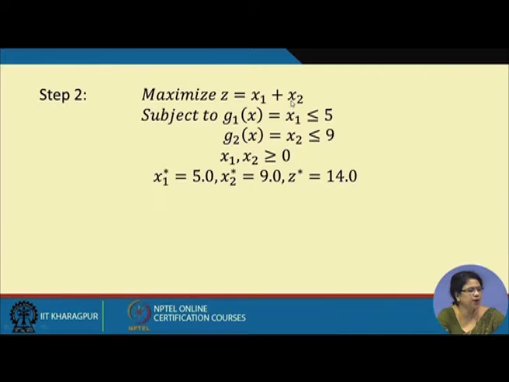Now we solve: minimization of z equals x1 plus x2 subject to x1 less than or equal to 5, x2 less than or equal to 9. We get the solution 5.0, 9.0, and the objective function value is 14. Once this is the optimal solution, we will consider it in the next iteration.